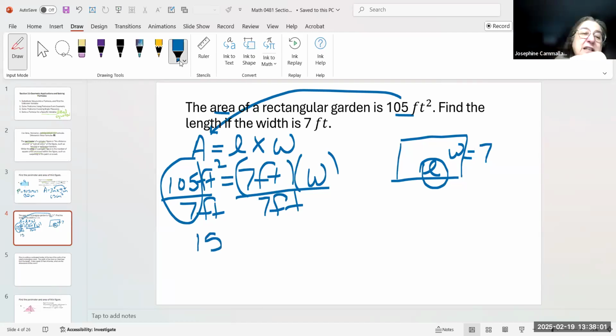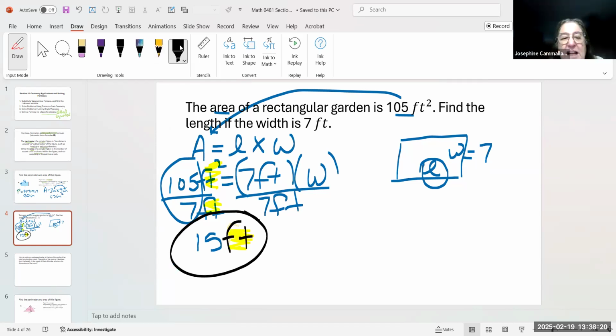But think about it. I have 2 feet up here, feet times feet, and I have 1 down here, which means the increment here is going to be feet. This is the length of my picture. And hopefully, this should be something that you can do very easily.